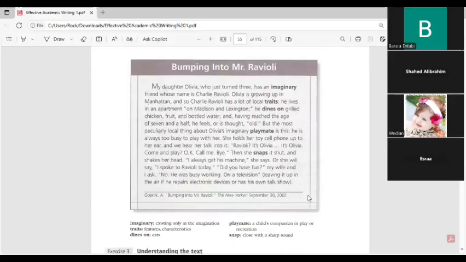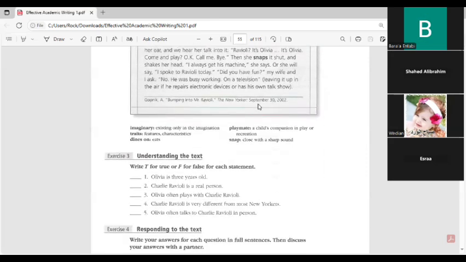What do you think? We're talking about Raviglio having a lot of local traits. Local means not different. He has the same traits as local people, right? So he is not different. So it's false, right? Yes, thank you.